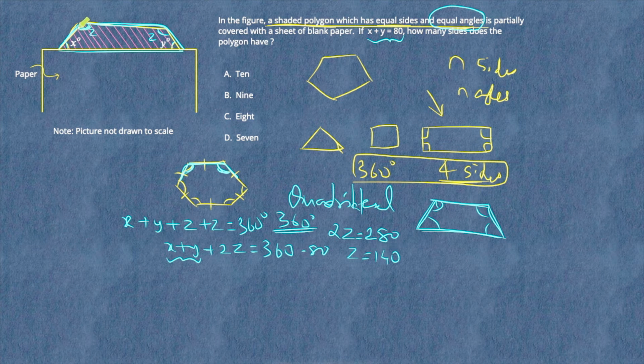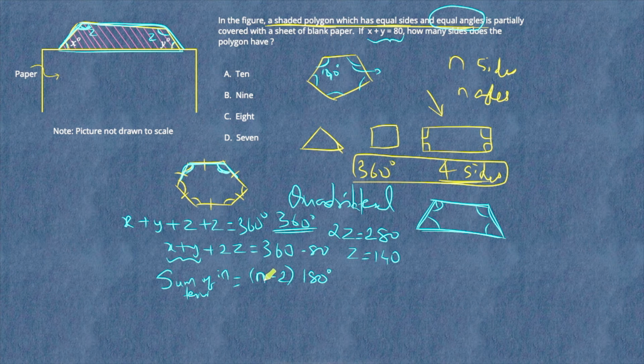So we know that each angle of the polygon is 140, but we don't know how many angles and how many sides there are. Now, if we know the number of sides of a polygon, we can find the sum of the interior angles with the formula n minus 2 times 180, where n is the number of sides.